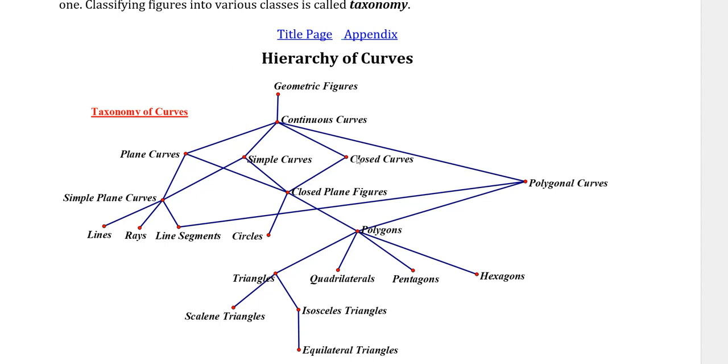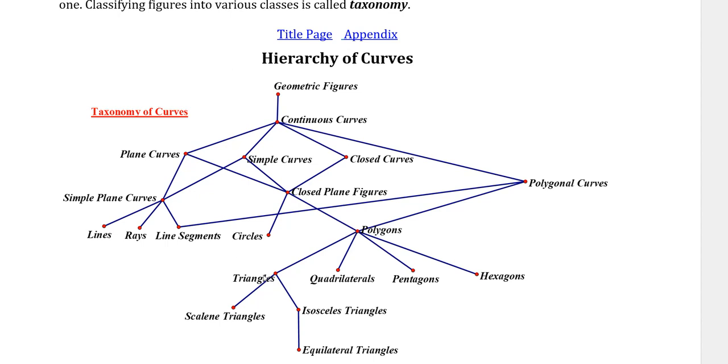Closed and simple and planar, all three, is a closed plane figure. That includes circles. And if it's a closed plane figure and a polygonal curve, that's where polygons live. They are all these things above: polygonal curves, closed plane figures, plane curves, simple curves, closed curves, continuous curves, and geometric figures.